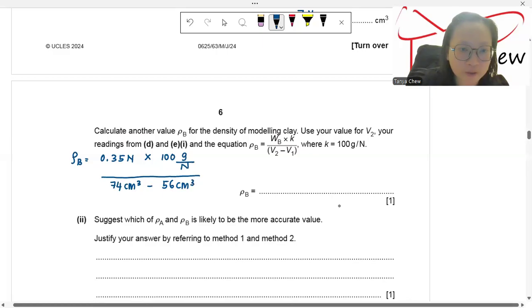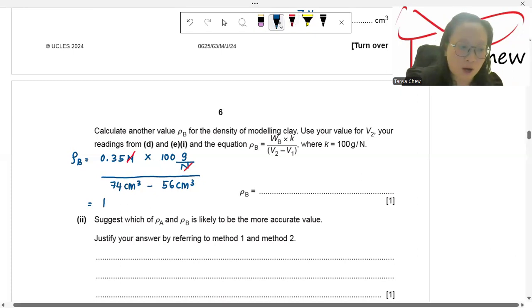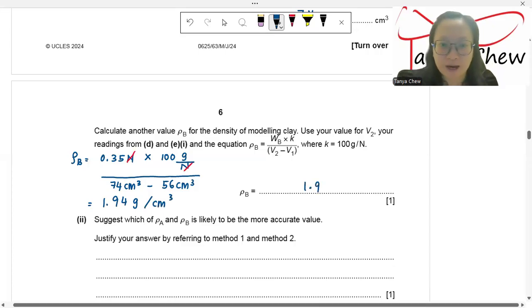Now, I'll cancel the unit first so that you can see. Newton and Newton can be cancelled off. So you're left with 0.35 times 100 gram divided by 74 cm cube minus 56 cm cube. My answer is 1.94 gram per cm cube. This is the unit of density, 1.94 gram per cm cube.